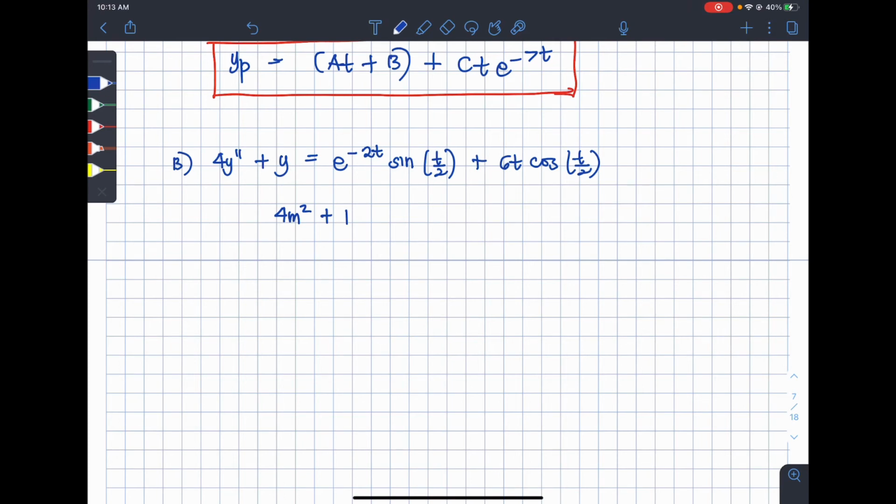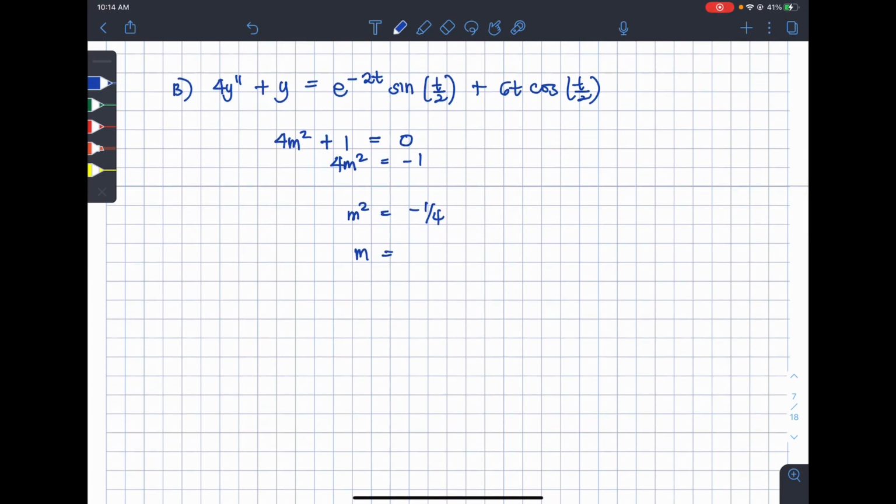So 4m squared equals negative 1, so m squared will be negative 1/4. Then m would be plus or minus the square root of 1/4, which is plus or minus 1/2, and that will be i because of the negative. So plus or minus 1/2 i.